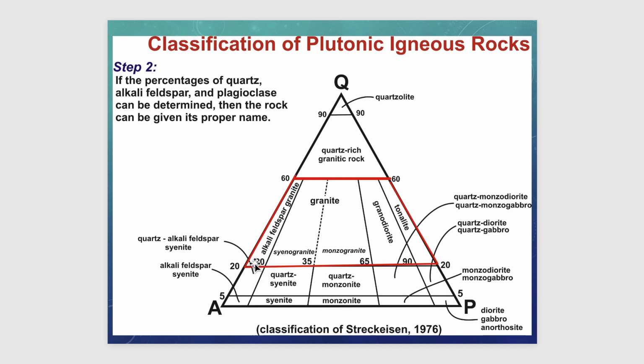This is 10%, and then you have 35% here, 65, 90, and you are left with essentially only plagioclase when you hit this corner here, which is the same as this one. So the only difference is the abundance of quartz, but in this particular case, these percentages are relative to the amount of plagioclase versus K-feldspar.